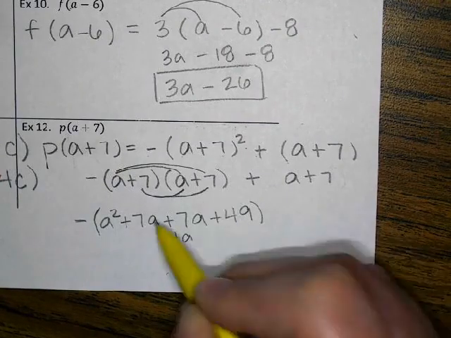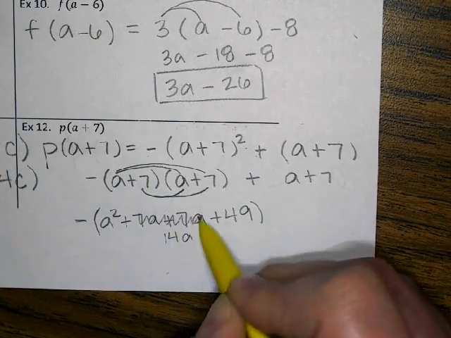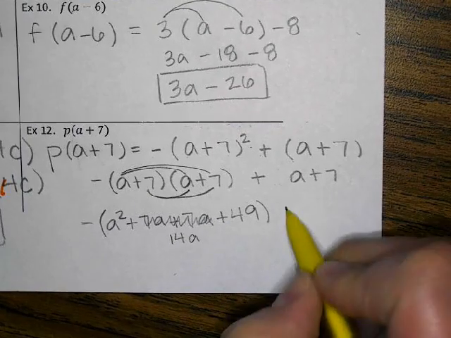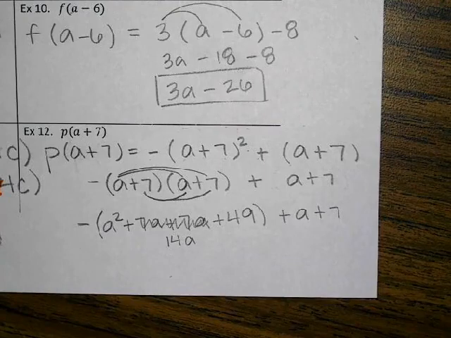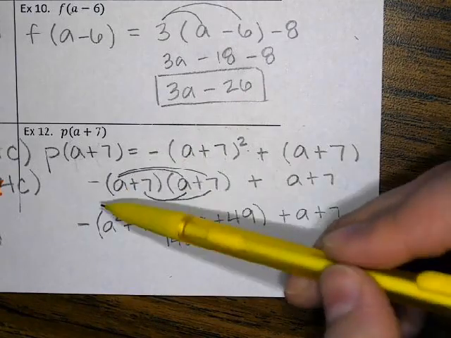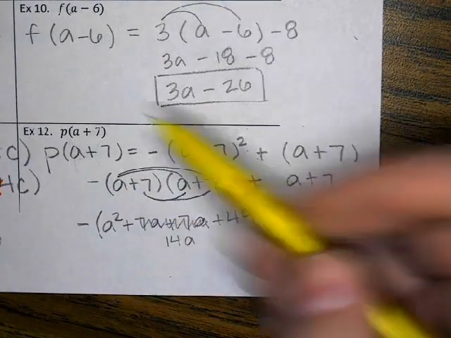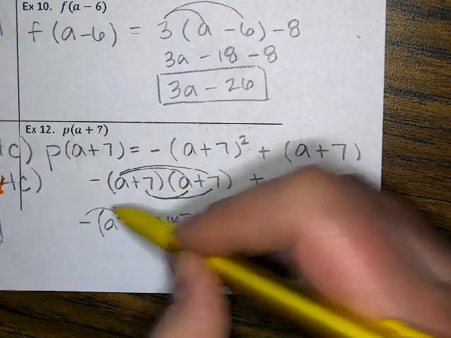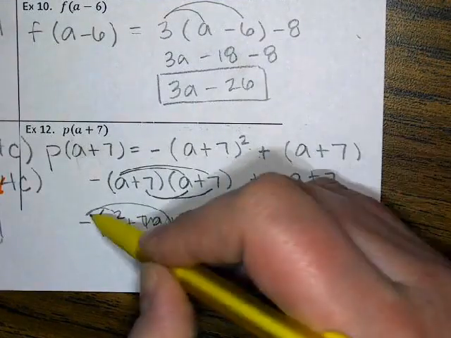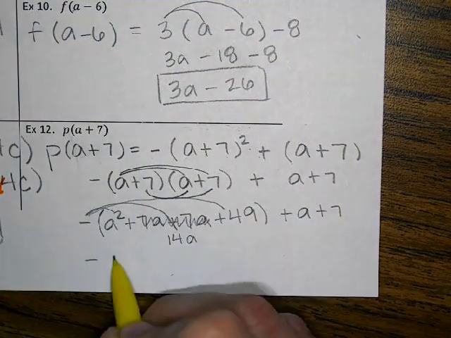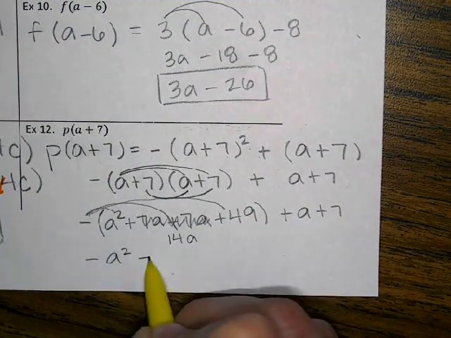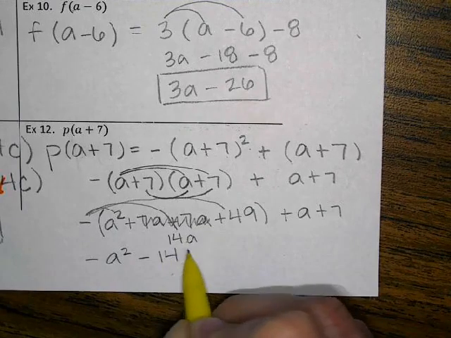Plus a plus 7. So now I can go ahead and I can take my negative and I can make my negative apply to everything in the parentheses. So I have negative a squared minus 14a minus 49, but I still have the plus a and the plus 7.